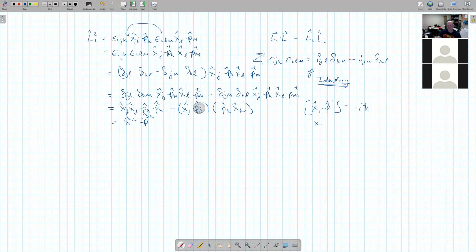So this means that x_k p_k minus p_k x_k is equal to minus i h bar.